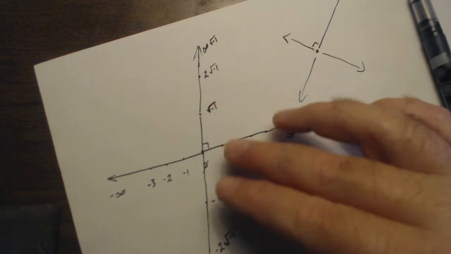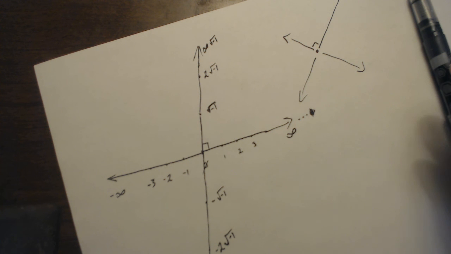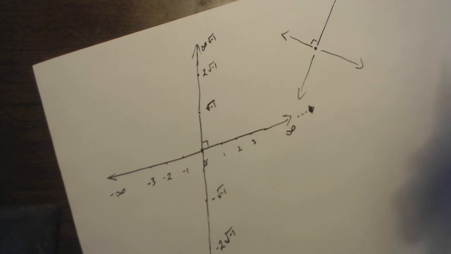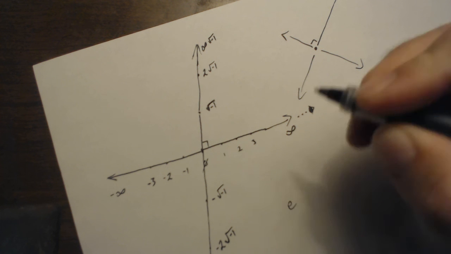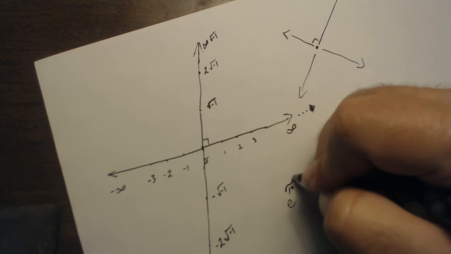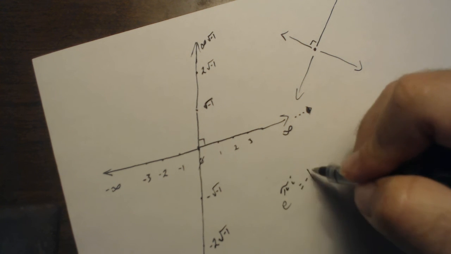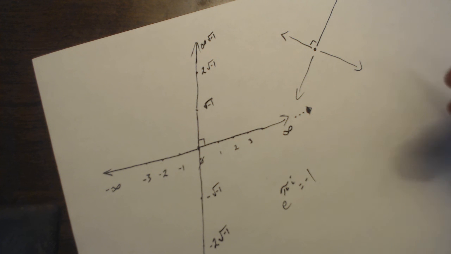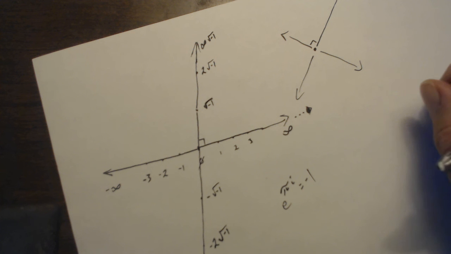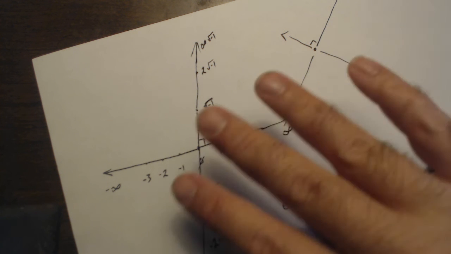It doesn't necessarily explain to you things like why e to the pi i equals -1. It doesn't necessarily explain this intuitively, but it gives you a lot of the other properties of imaginary numbers pretty quickly, pretty easily.